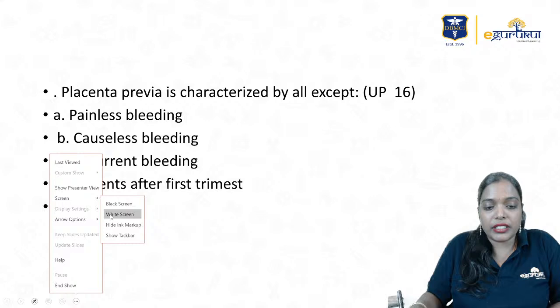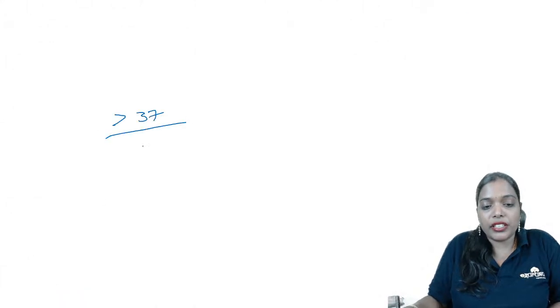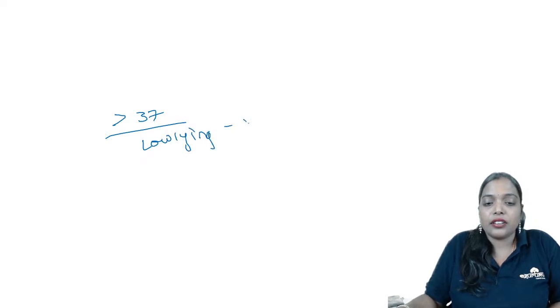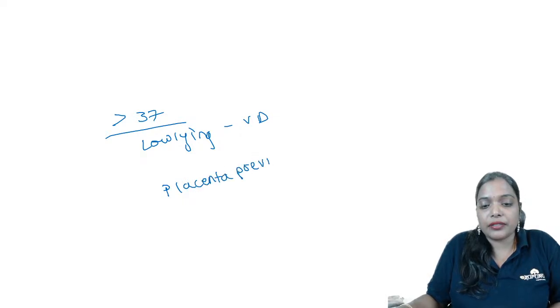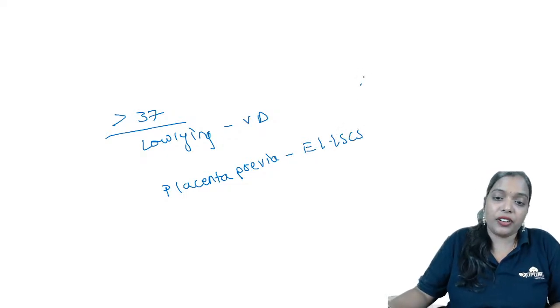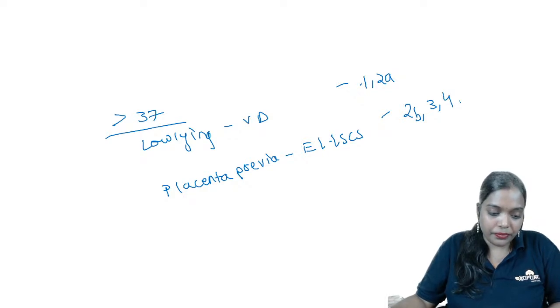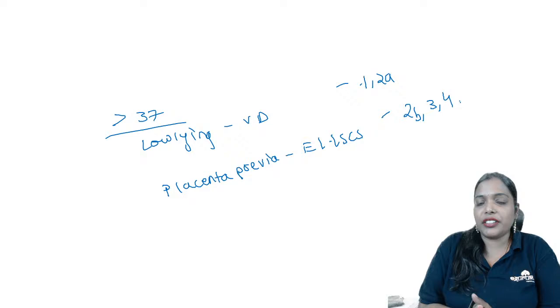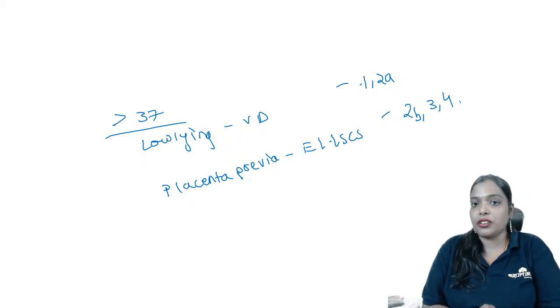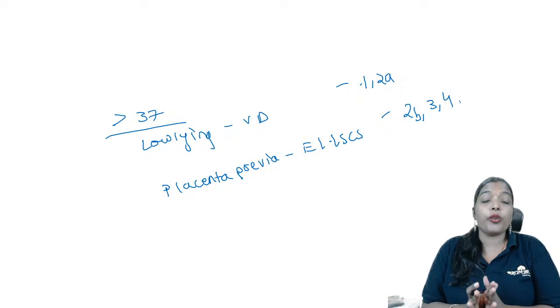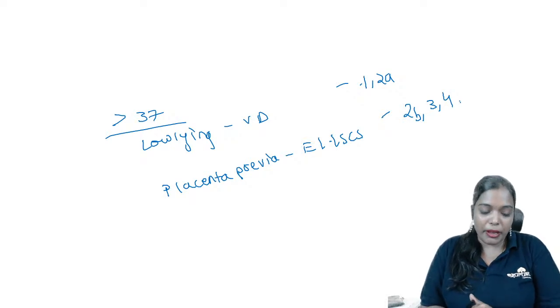Beyond 37 weeks, for placenta low lying, you can conduct vaginal delivery, and if it is placenta previa, you have to go for elective LSCS. If I have to be precise, for type 1 and type 2A, vaginal delivery; type 2B, 3 and 4 are placenta previa. So this is a short and sweet discussion about placenta previa and abruption. I tried to minimize it and I hope you all understood. We will see some MCQs now, guys.